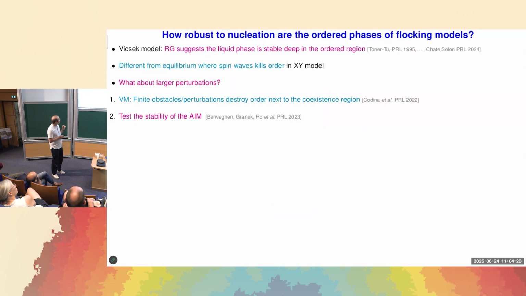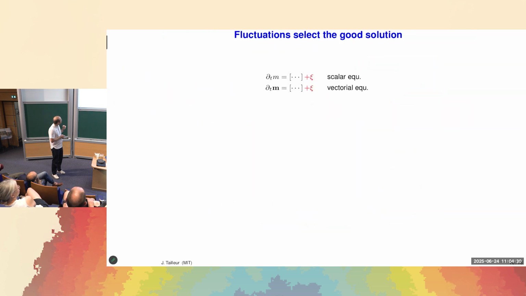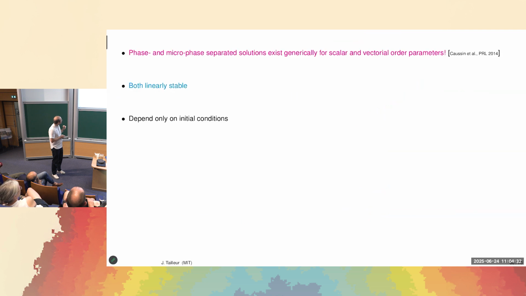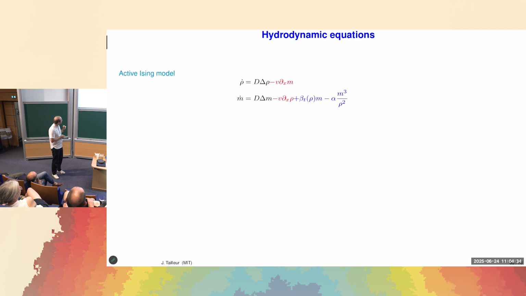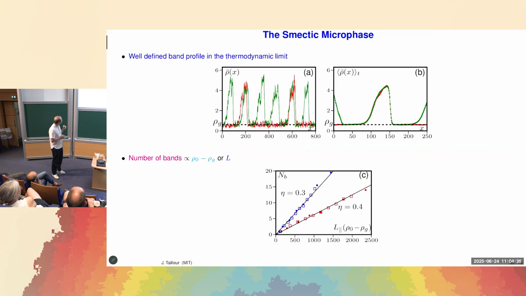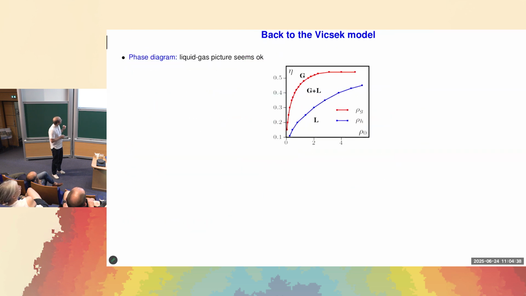In the case of the Vicsek model, I will show you this afternoon the phase diagram, which is here. That's the phase diagram of the Vicsek model. You have the gas, the gas plus band, and the band. Close to this region, there is a line where the system is not stable.